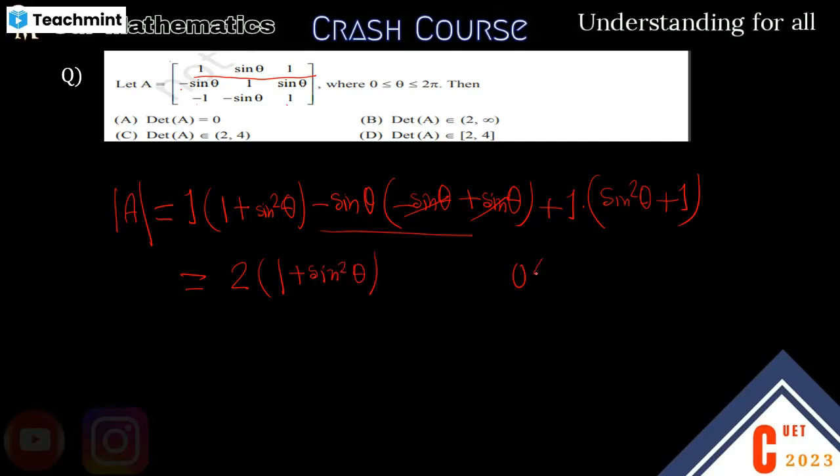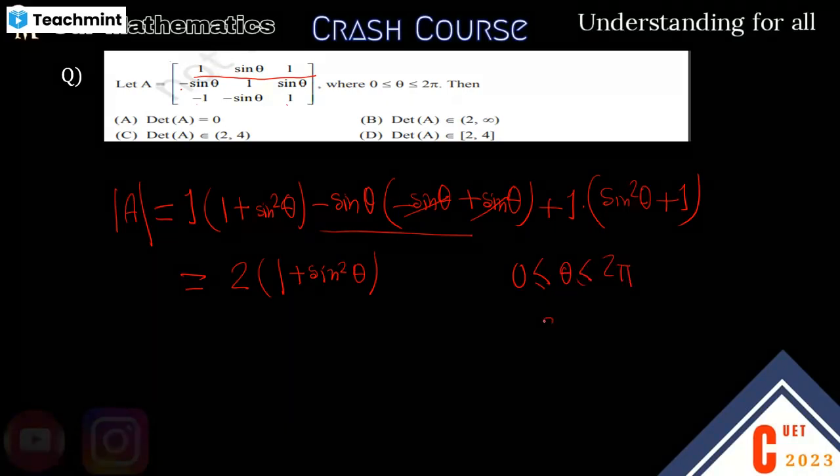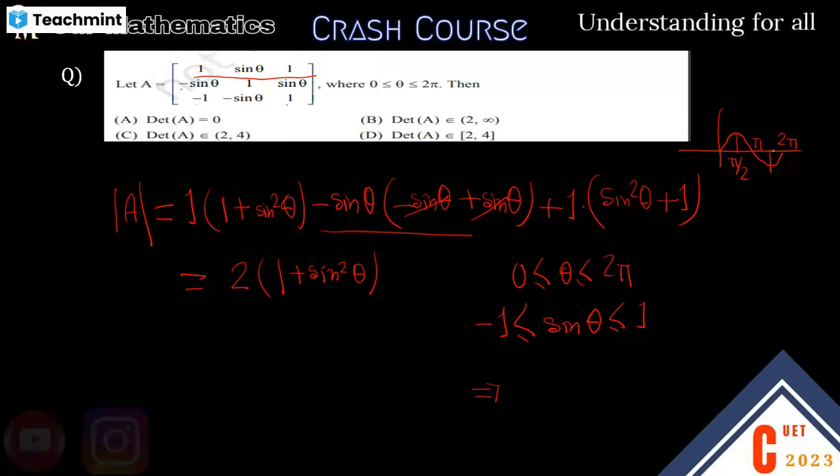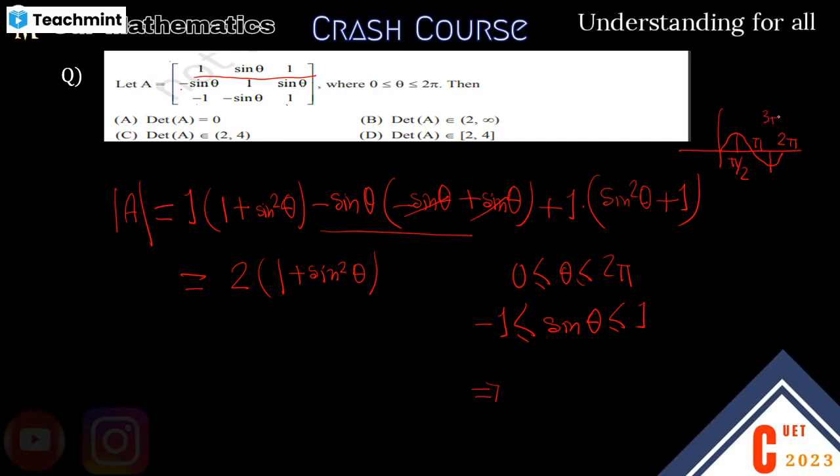Now 0 is less than or equal to theta, less than or equal to 2 pi, then sin theta lies between 1 to minus 1. What was the graph of sin theta? 2 pi, pi, probably pi by 2, probably 3 pi by 2, right.